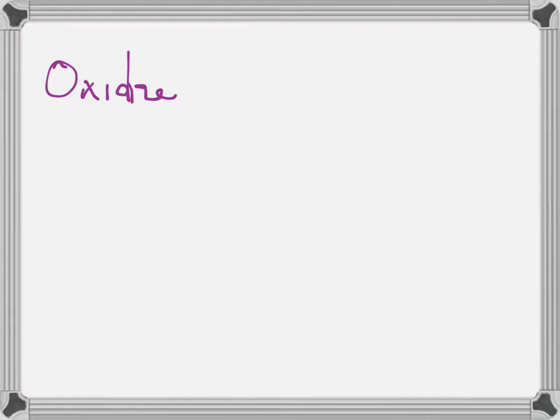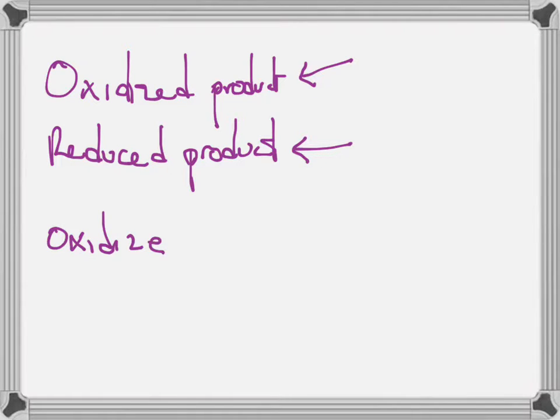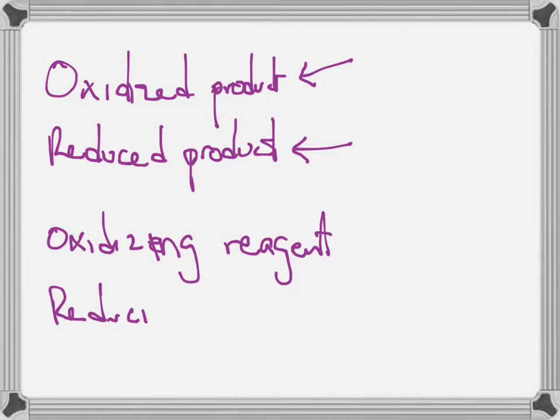Oxidized product, and reduced product. So in other words, which one has lost electrons or gained electrons? And then oxidizing reagent, or oxidizing substrate, you could call it as well, and reducing agent.